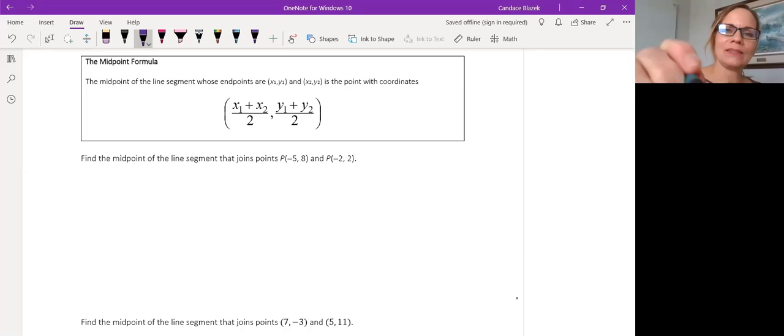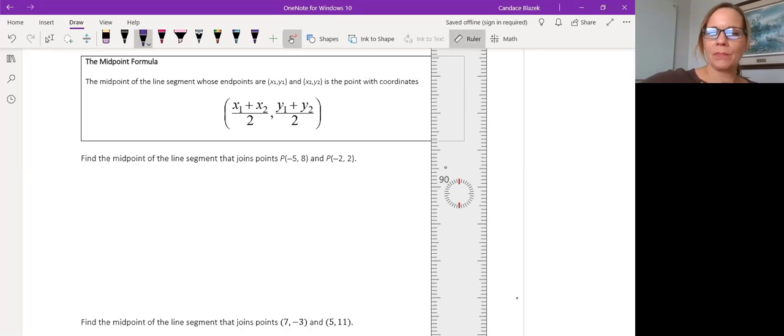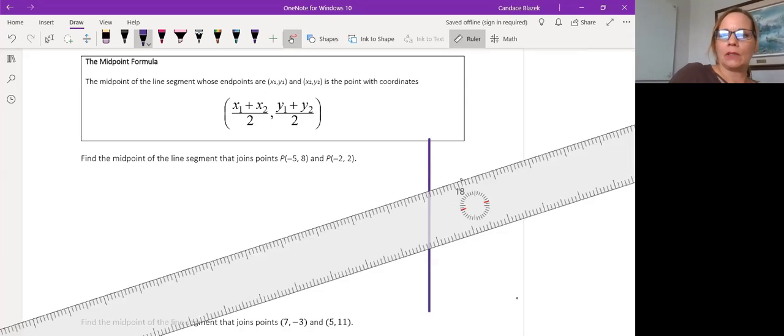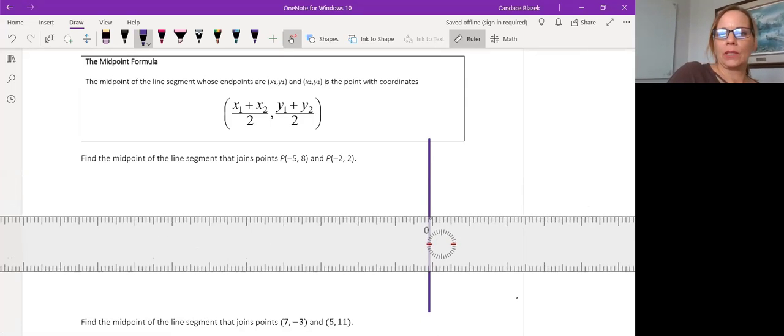All right, so I'm going to draw in a coordinate system. And I want to take a look at this. I'm actually going to take my time and draw this really, really nice.